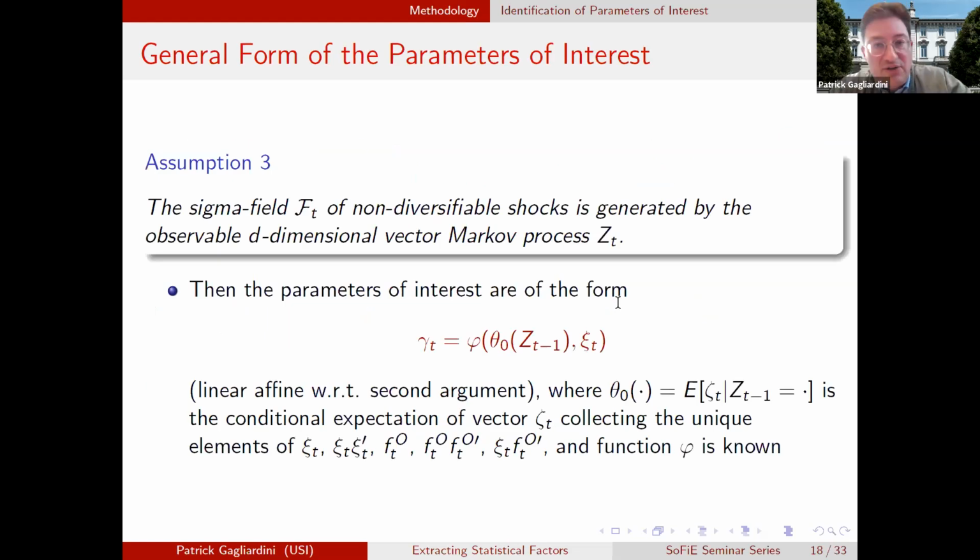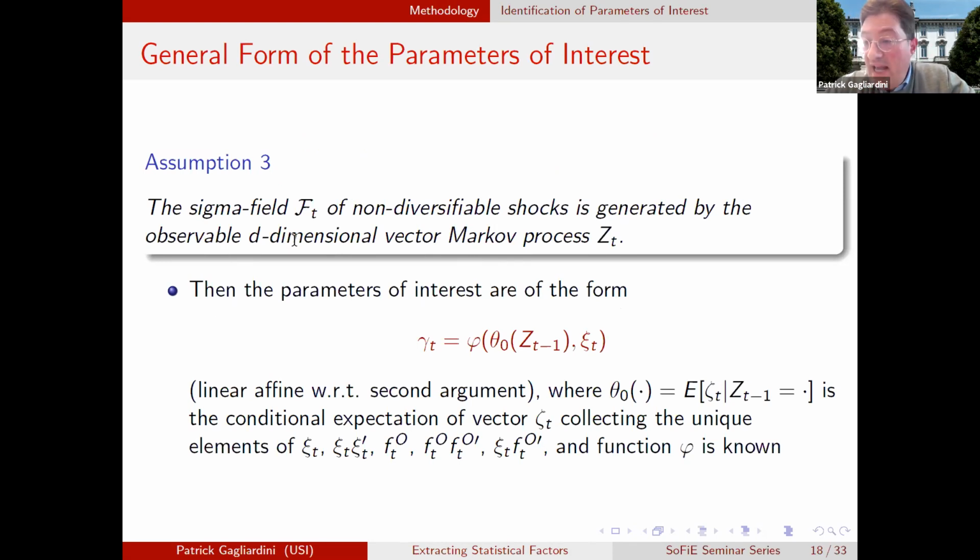Now, to conclude this part on identification, what's the general form of the parameter of interest? Well, to be concrete, let us assume that this sigma field of non-diversifiable shock is generated by a Markovian vector of observed variables, this Zt, which can be a realistic assumption if I allow this dimension d to be rather large.